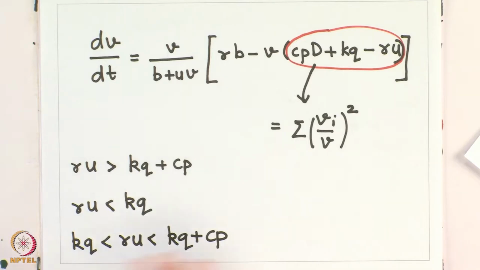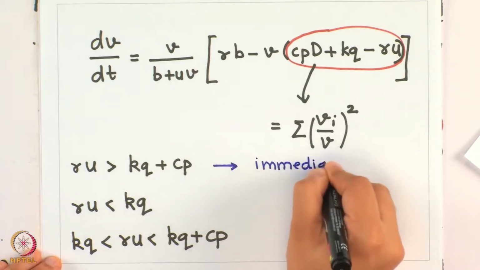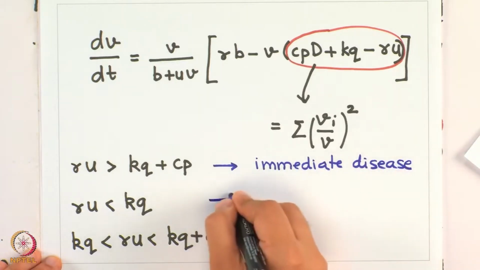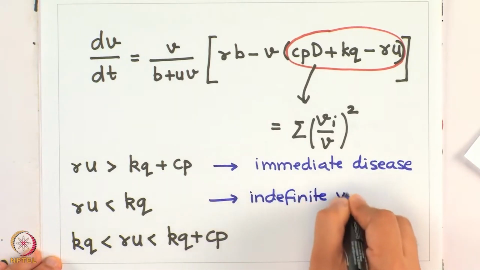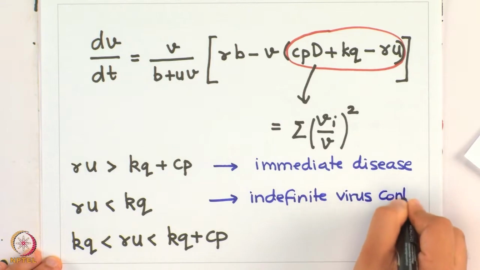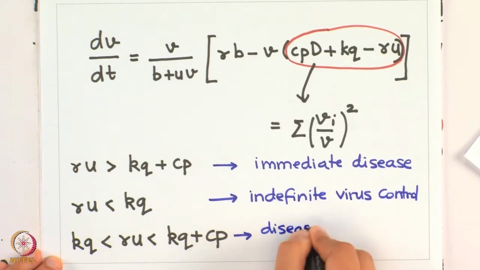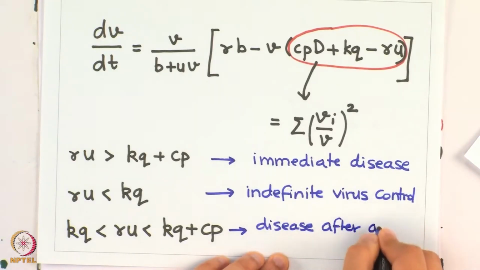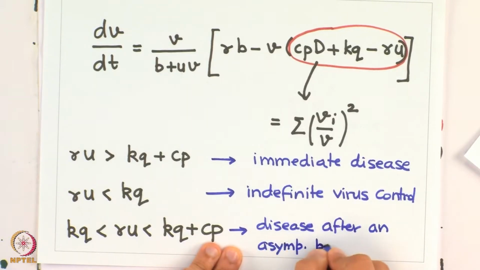Depending on which of these regimes an individual infected with HIV falls in, you can have immediate disease, you can have indefinite virus control, or you can have disease after an asymptomatic period.